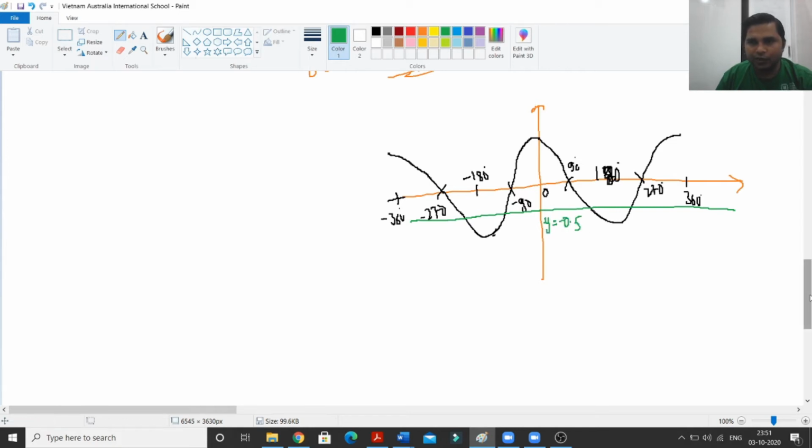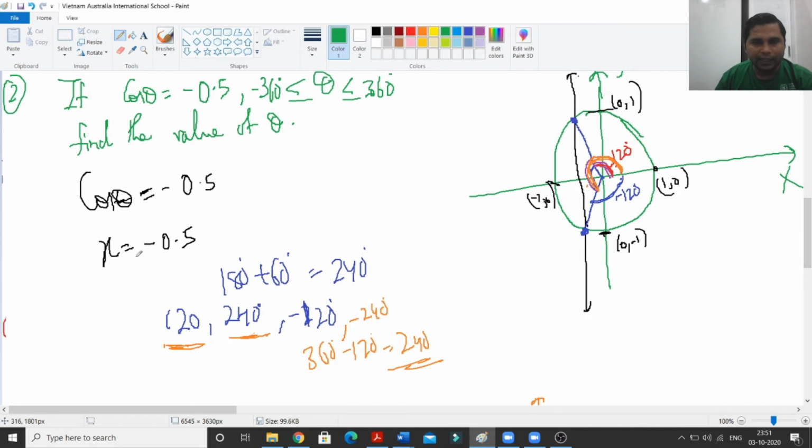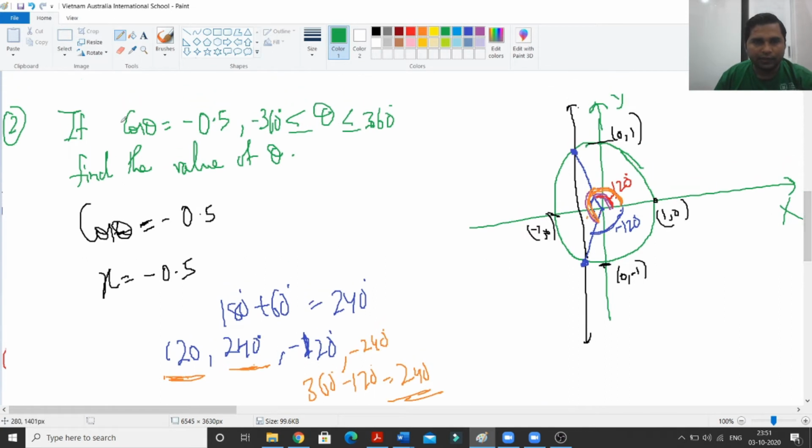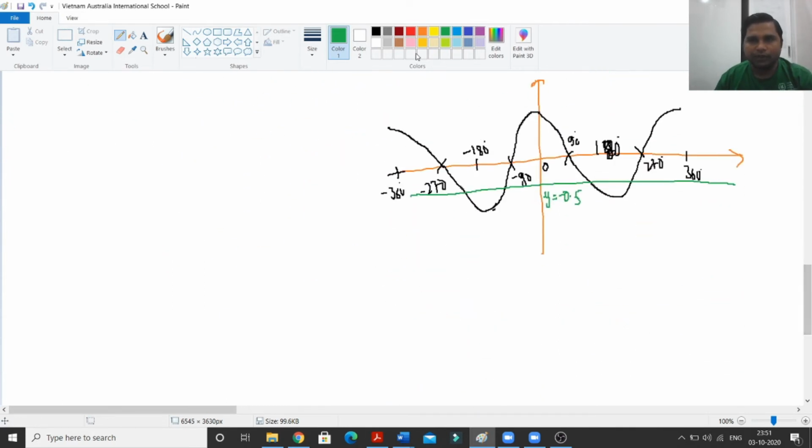Don't get confused: here as I'm writing x is equal to minus 0.5, that's for the unit circle, but here cos theta is negative 0.5. So I have sketched the graph of cos theta and the graph of y equals minus 0.5, and the intersection points will be your answer. It is intersecting at 4 points, and these are the answers.